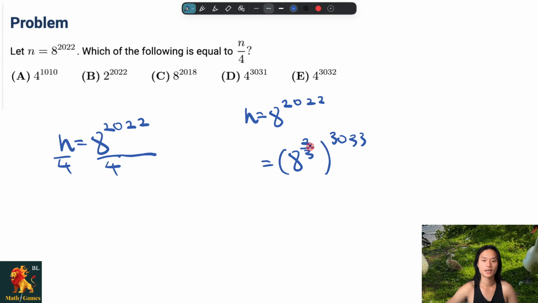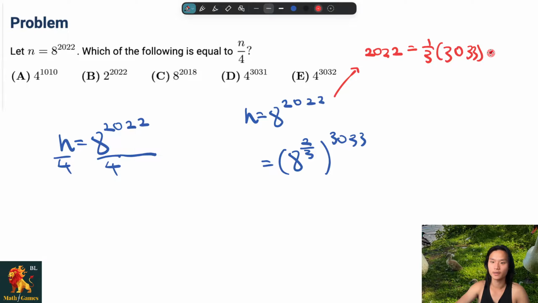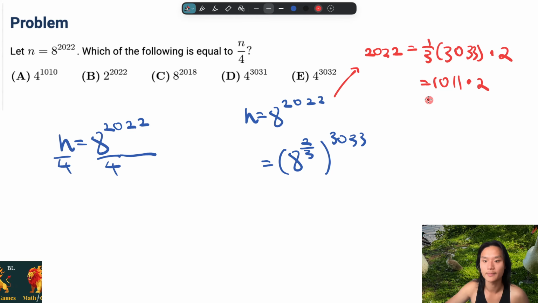The idea is that 2022 is equivalent to a third times 3033 multiplied by 2, because a third multiplied by 3033 is just 1011. So multiplying by 2, we get 2022. So we haven't changed anything at all.